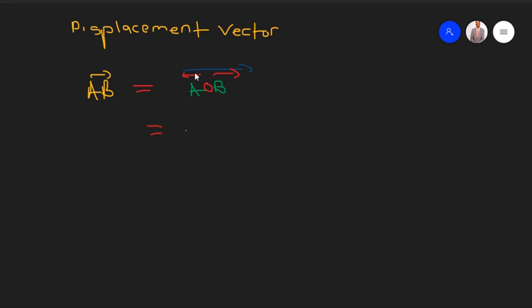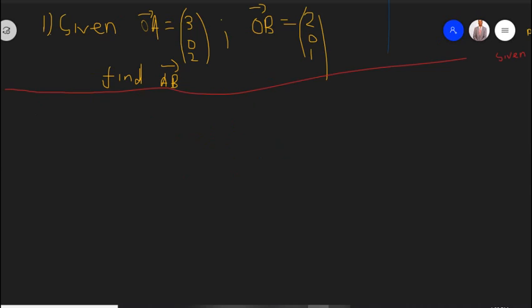If you are going the same direction as the blue arrow, it is positive OB, and if you are going the opposite direction to the blue arrow, you can say negative OA. Then you can rearrange these vectors starting with OB. Then you can say OB minus OA.